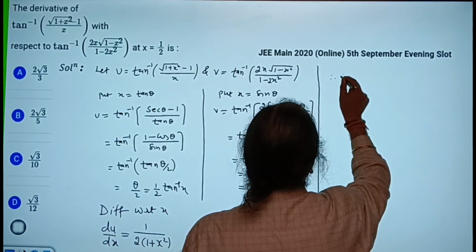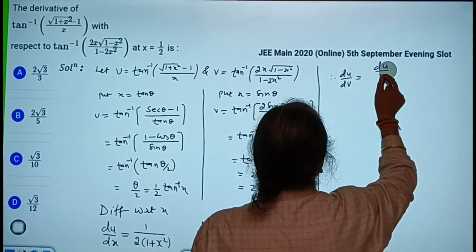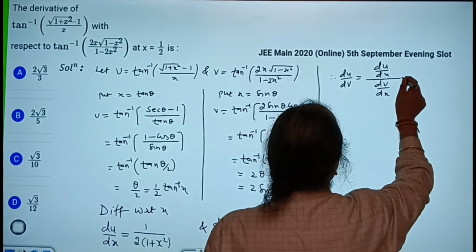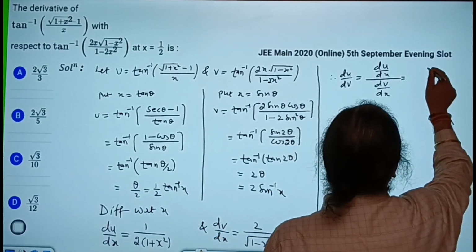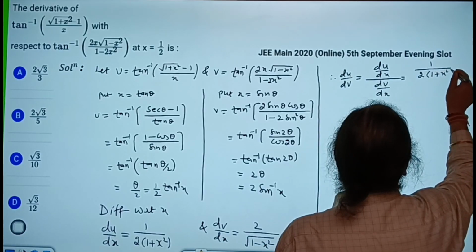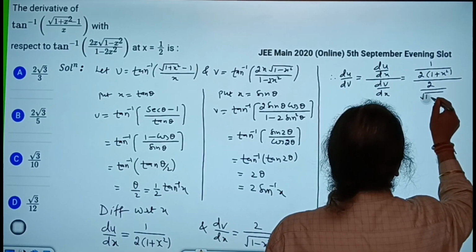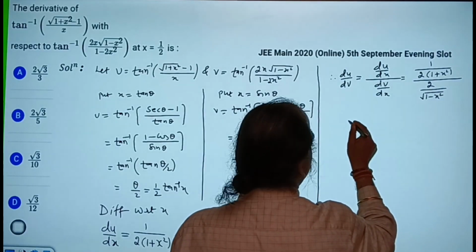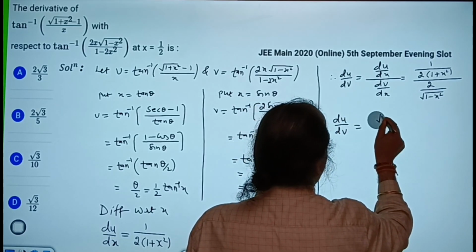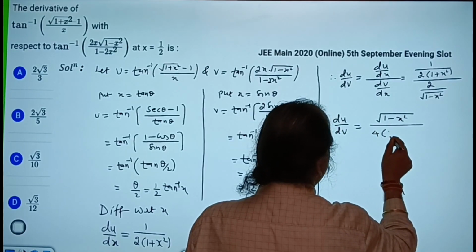So du by dv is du by dx upon dv by dx. Du by dx is 1 upon 2 into 1 plus x square, and dv by dx is 2 upon root 1 minus x square. So du by dv is root 1 minus x square upon 4 into bracket 1 plus x square.